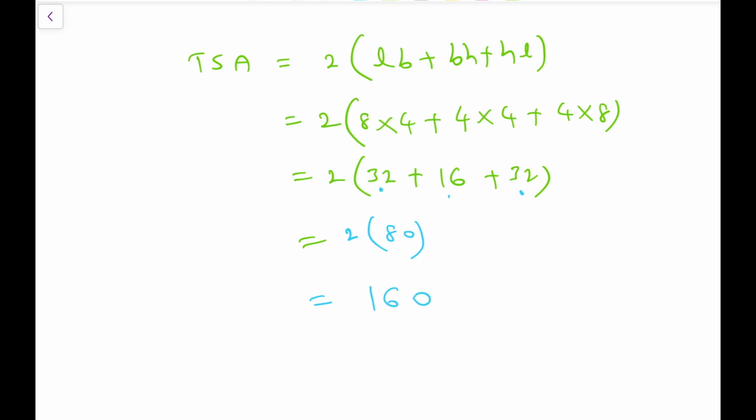In the question the units are given as centimeter and we are finding area, so this will be centimeter square.